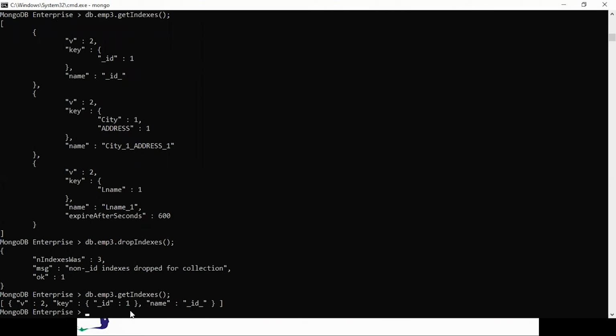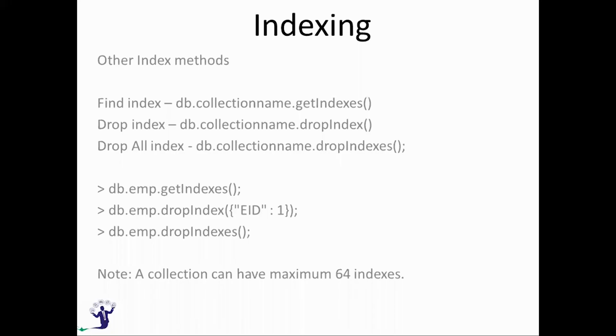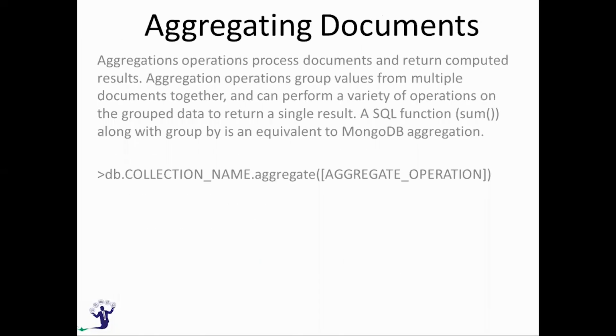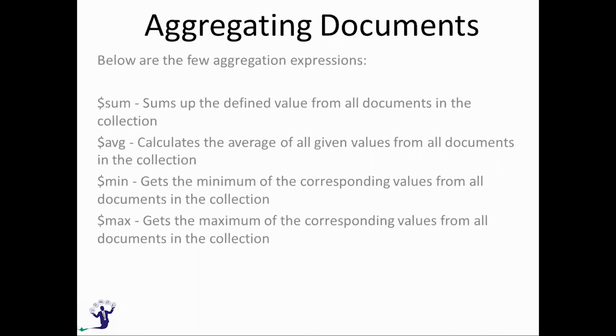You cannot drop this. It will always be there. Clear? And you can have a maximum of 64 indexes in one collection. The number of indexes can go up to a maximum of 64. Okay, all right. So the next thing coming up is aggregating of the documents.